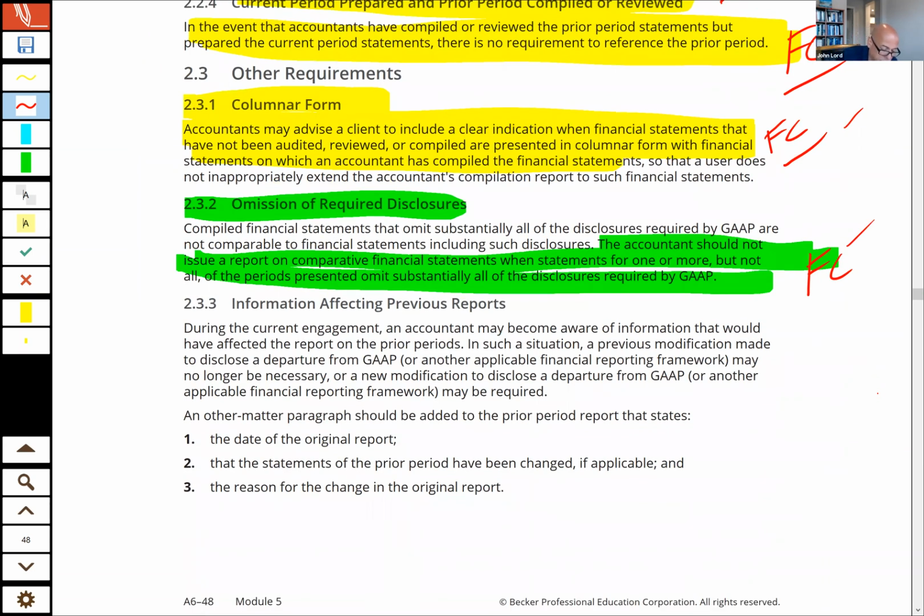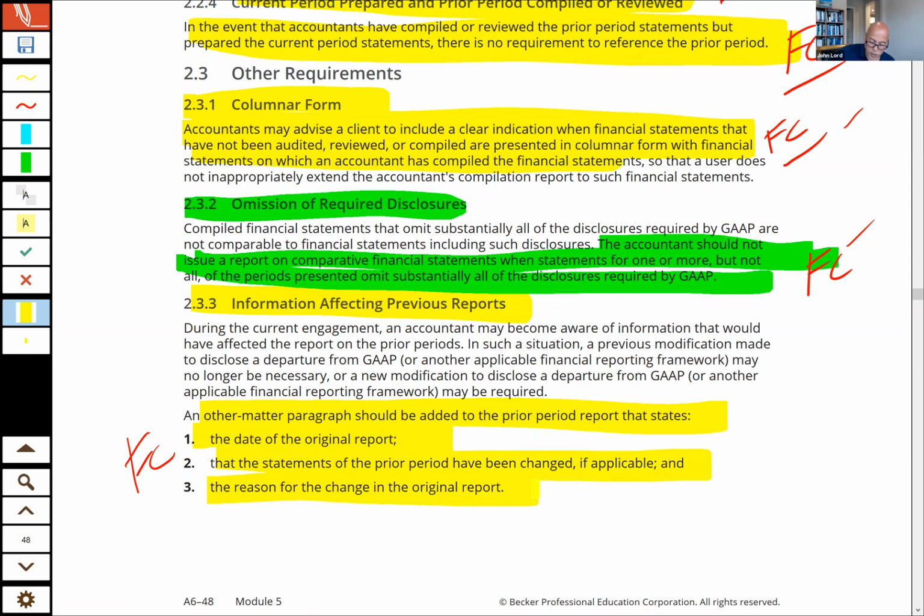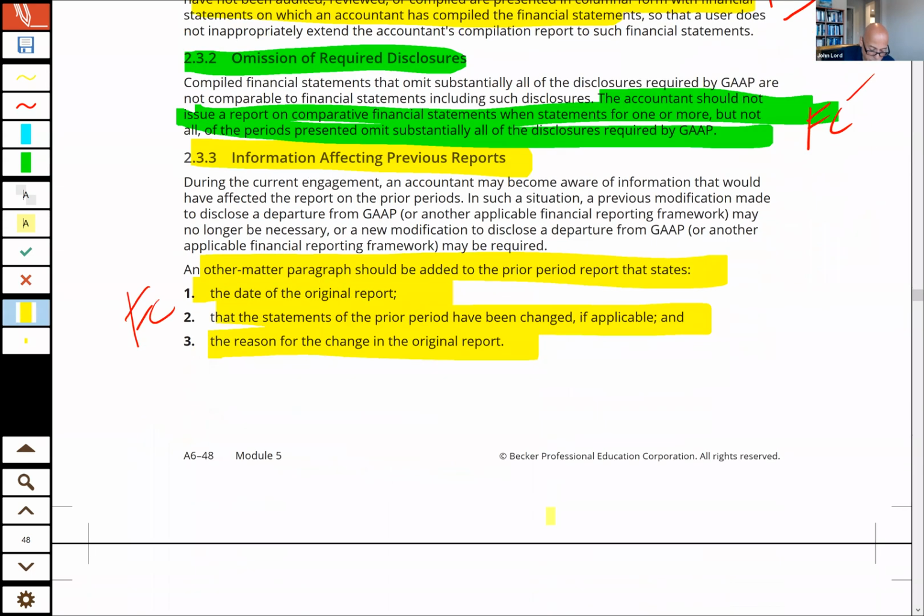Notice that if there is a change in the report, and this should sound familiar to you, if you change your report, it's not an opinion because you're not giving an opinion, but if you change some conclusions that you made in an earlier report, then you can add an other matters paragraph. You should give the date of your original report, a statement that prior periods have changed, and the reason for the change in the original report.